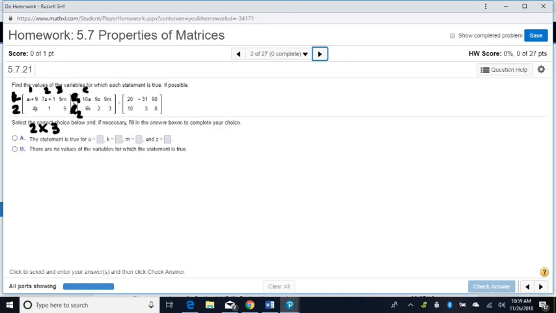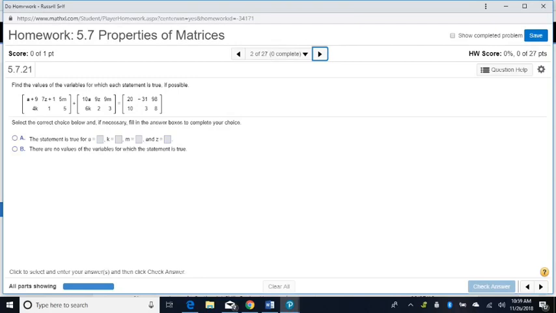There's column 1, column 2, column 3. So that makes that a 2 by 3. And you'll notice that this is also a 2 by 3. Rows, then columns. So these all are indeed the same size. That is critical, because if they weren't, you wouldn't be able to do anything. So just leave them alone. You'll see that in your homework, and you'll be very happy.